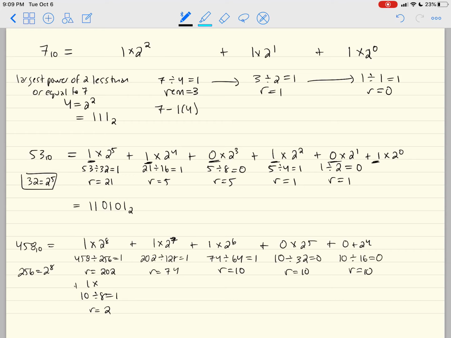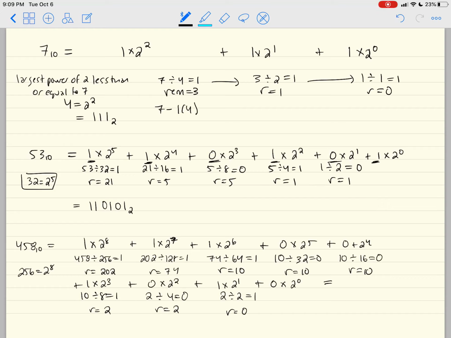So I get my next binary digit. Then 2 divided by 4 gives me a quotient of 0, remainder of 2. Then 2 divided by 2 gives me a quotient of 1, a remainder of 0. This actually gives you your last two digits. The quotient and the remainder both become digits.